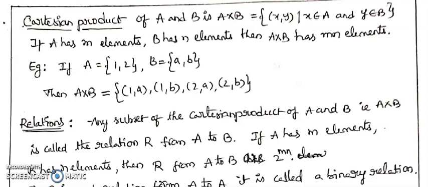Let us consider an example of this case. If A has the 2 elements 1, 2 and B has the elements a, b, then the 4 elements of its Cartesian product are (1, a), (1, b), (2, a) and (2, b).